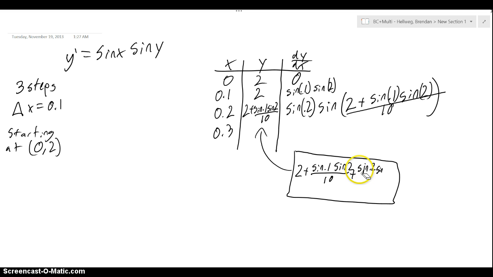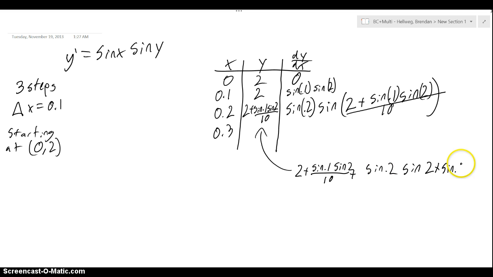As a matter of fact, this box itself is too small because it is such a deeply oversized calculation, but sine of 0.2 times sine of 2 plus sine of 0.1 sine 2, and then all of this is going to be over 10. And then again, all of this right here is going to be over 10 as well. So at this point we can see that the final x value is going to be 0.3, not too shabby, comma, all this right here.